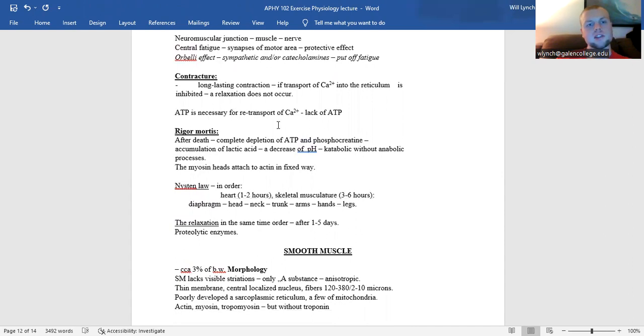This is one of the main reasons that we see rigor mortis after death. Okay. So after death, there's an incomplete depletion of calcium because there's no more ATP. So if there's no more ATP, that means that we're going to have an accumulation of lactic acid, a decrease in pH, and the myosin heads are going to attach to the actin in a fixed way.